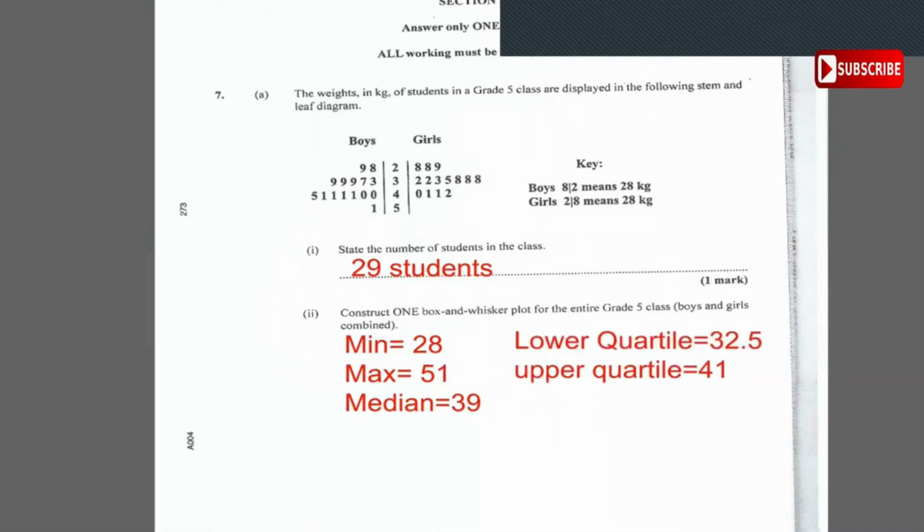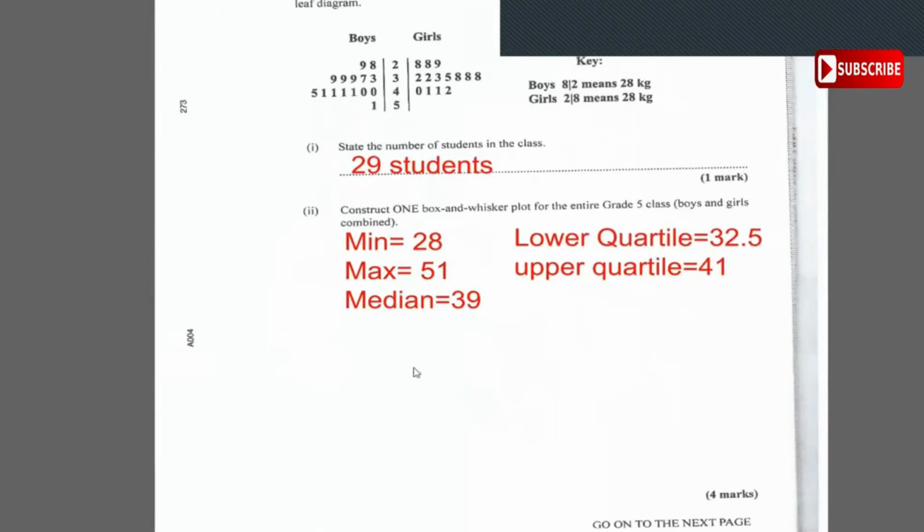So now we can draw our box plot. To draw the box plot, we can start with these. Then we draw the hinge. All right, so we draw the hinge now.